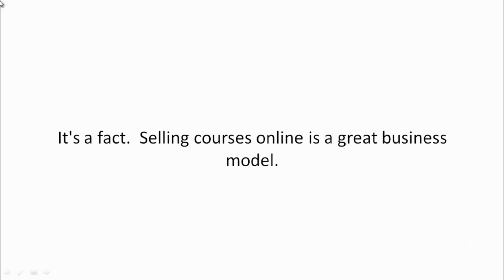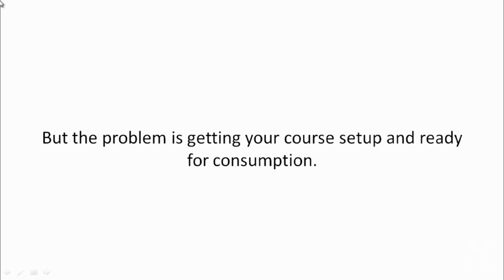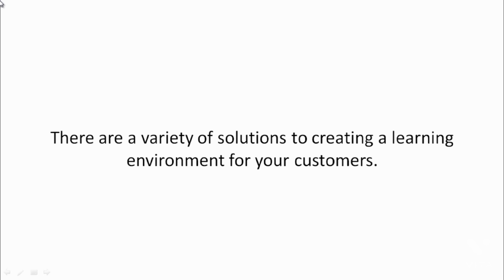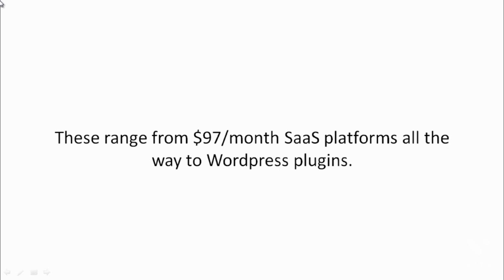So it's a fact. Selling courses online is a great business model, but the problem is getting your course set up and ready to be sold and ready to be consumed by your students. Now, there are a variety of solutions to creating a learning environment for your customers. These range from $97 per month SaaS platforms all the way down to WordPress plugins.